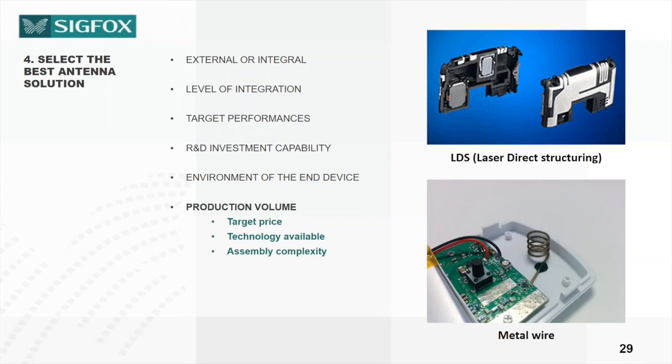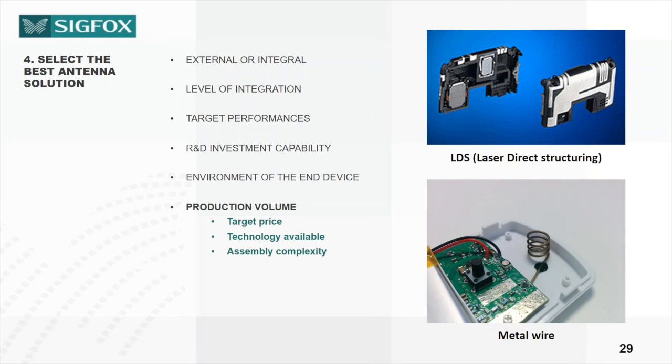And finally, the production volume. It is actually quite important because when you do a specific antenna design, you will need to produce the antenna, and therefore you will need access to some technology. For instance, here we have two different antenna manufacturing technologies. The first one is quite complex.